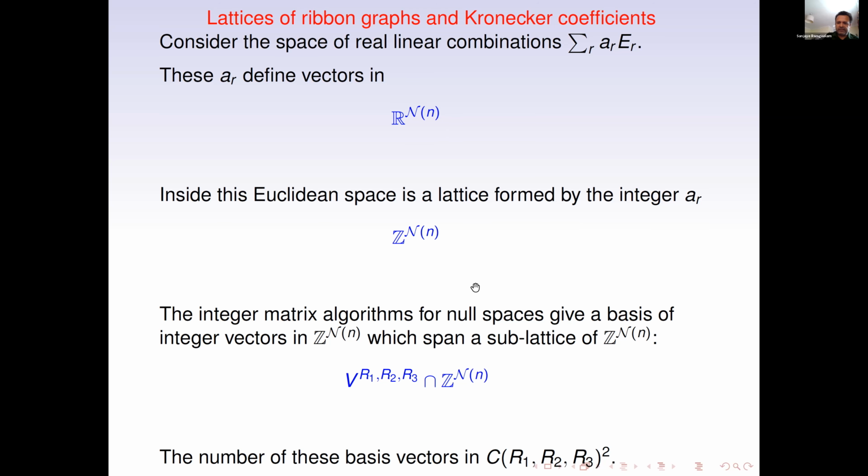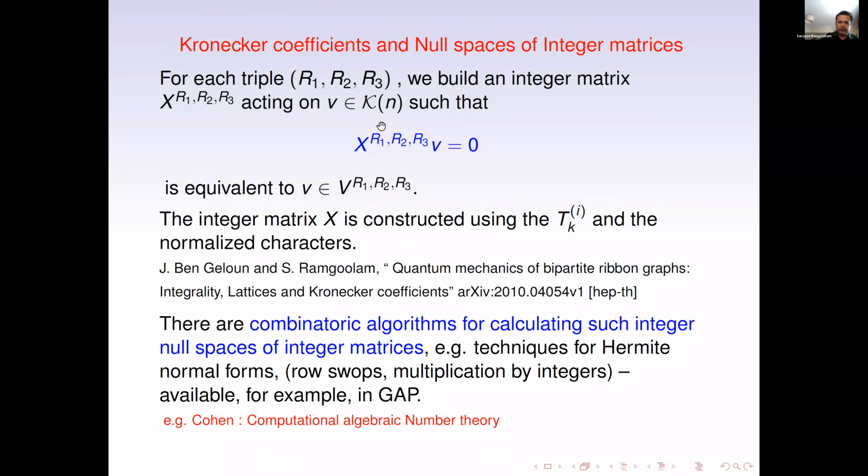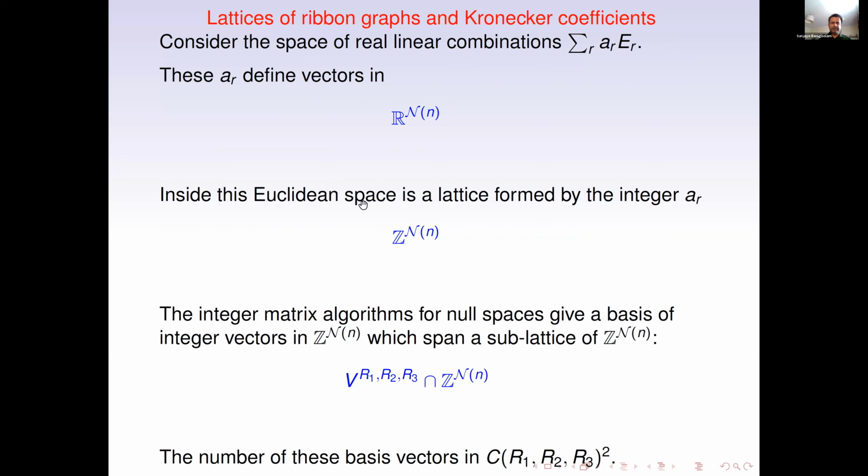And the solution of this matrix equation gives you a basis for a sublattice inside this lattice. So it's the sublattice defined as the intersection of that Fourier subspace with this lattice.